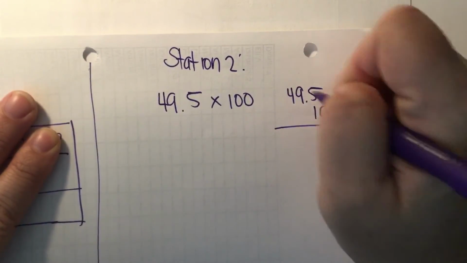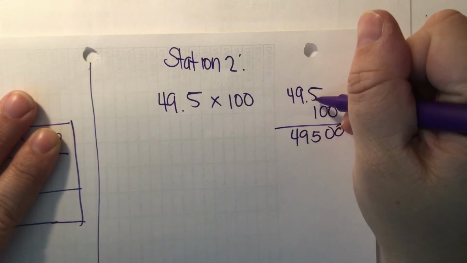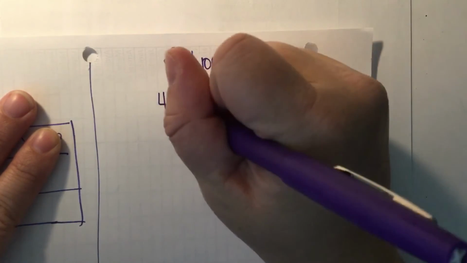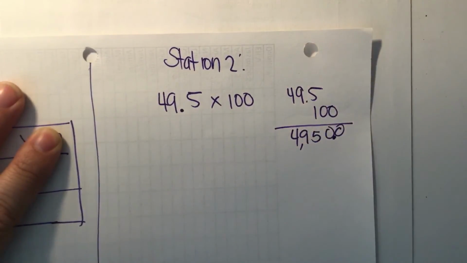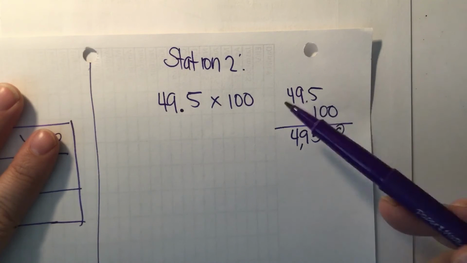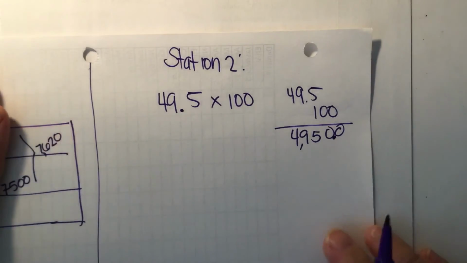We know 0, 0, 5, 9, 4. Oh boy. And we have how many decimals? How many are here? Just 1 after the decimal. So our answer should be 4,950. Okay. Did you guys see how we just took our number and added zeros and moved our decimal? Ooh, imagine that.